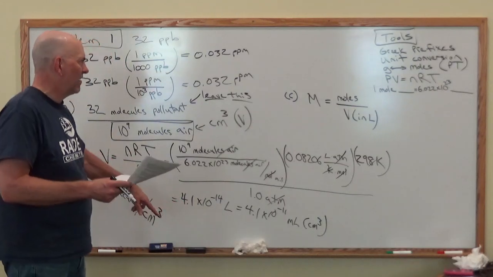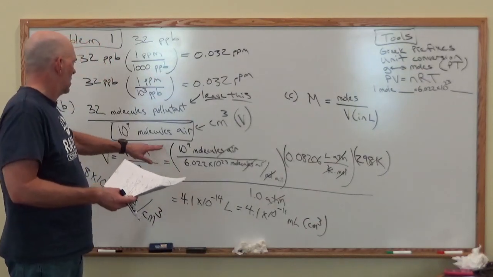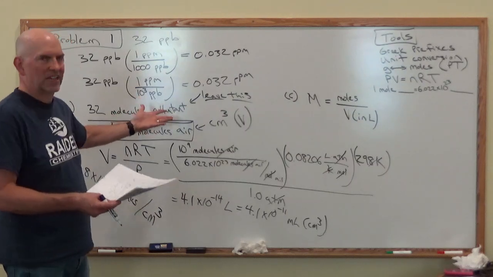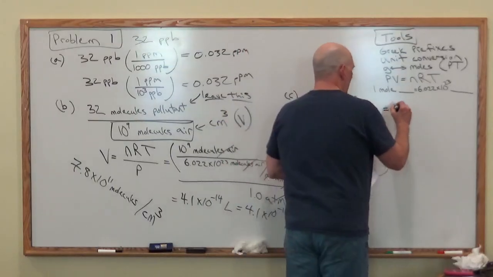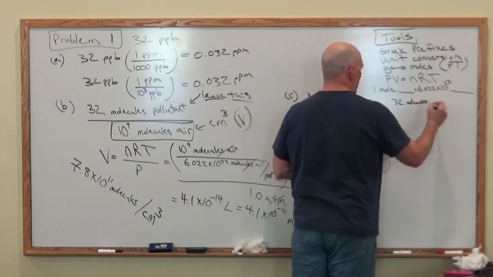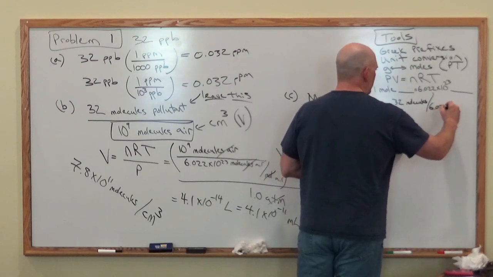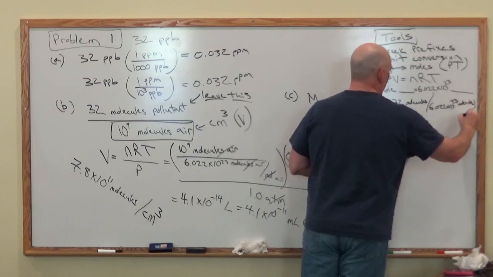The thing we don't have, and really you should be stopping the video, is the moles. We have the volume here, and we can convert 32 molecules to moles pretty easily. So if we have 32 molecules of pollutant, kind of running out of space, we're going to divide that by 6.022 times 10 to the 23rd molecules per mole.